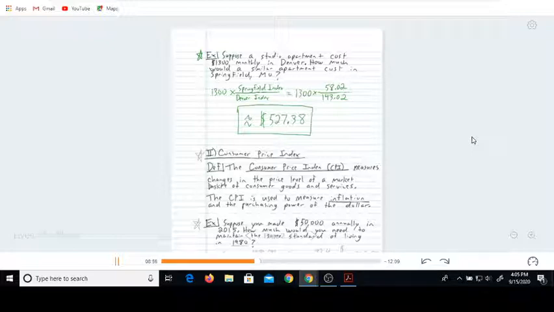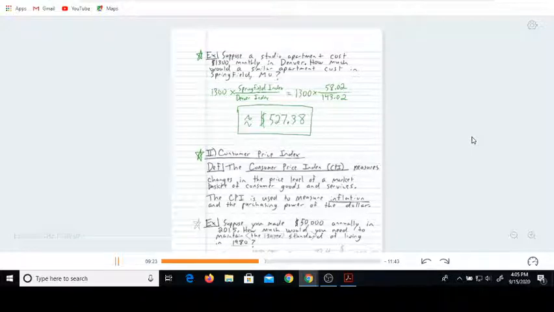So speaking of converting for time, that's where we get to the Consumer Price Index, which is arguably one of the most important indices in existence, at least from an economics perspective. The Consumer Price Index measures changes in the price level of a market basket of consumer goods and services. So in other words, the Consumer Price Index tracks the purchasing power of the dollar across time.